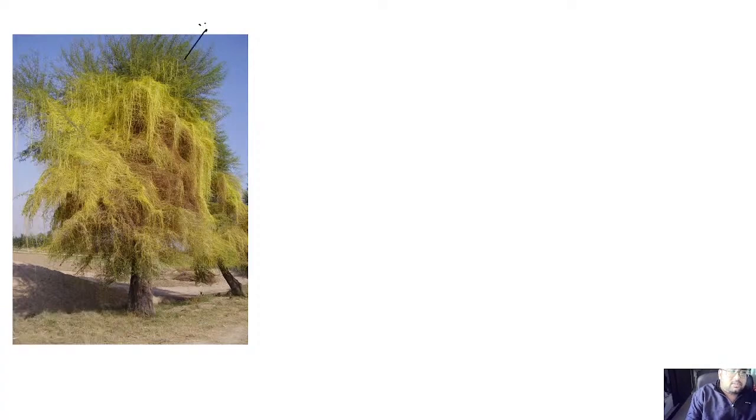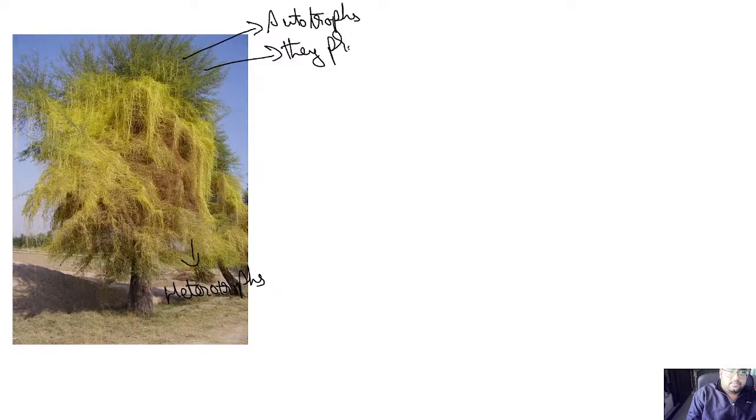So you can see this is autotrophs, and this is heterotrophs. Autotrophs prepare their own food. Please don't waste your time drawing this picture and everything.